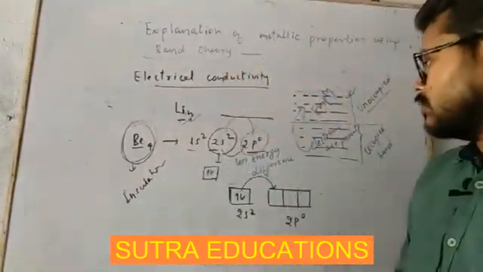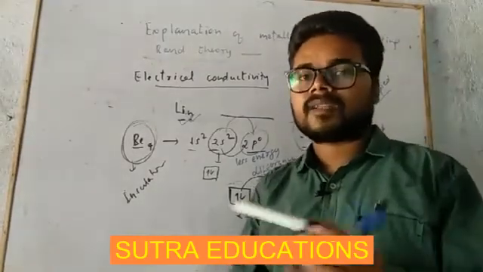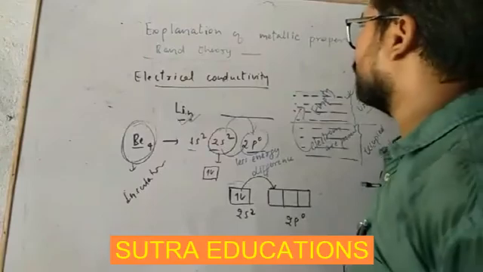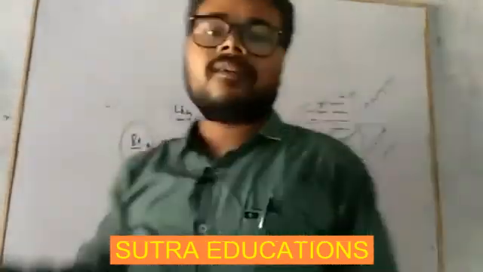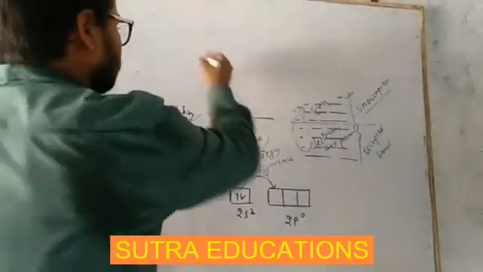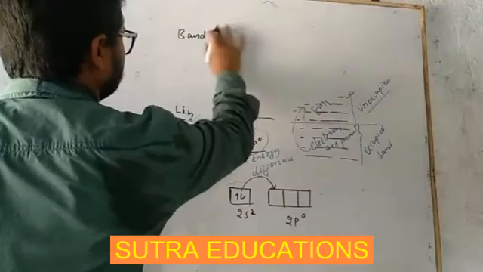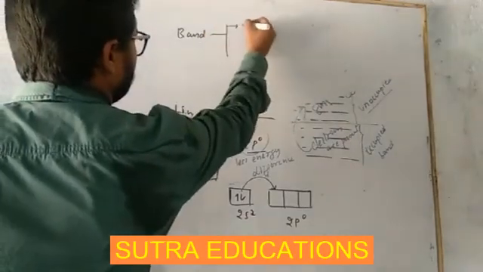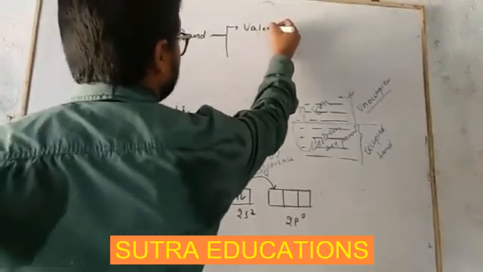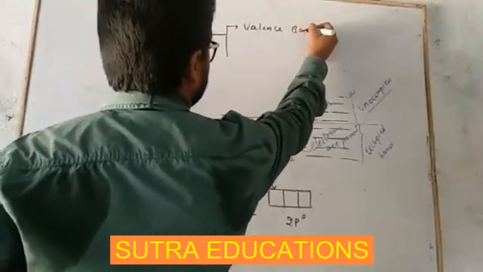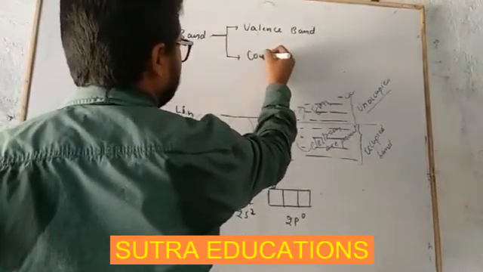So there are two concepts. The bands are of two types. Now we will discuss that bands are of two types. One is called the valence band, and the other is called the conduction band.